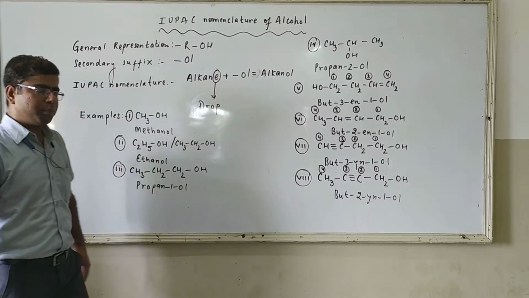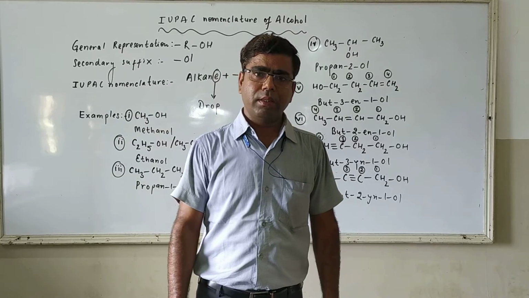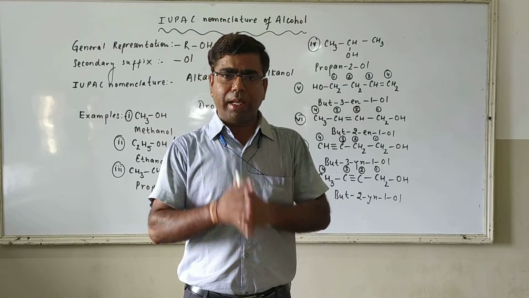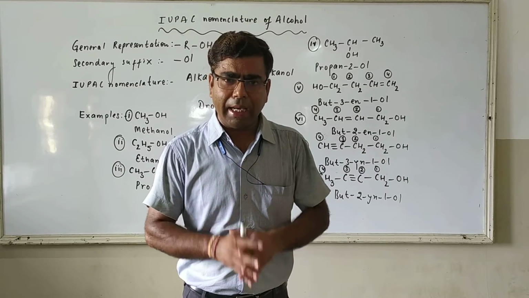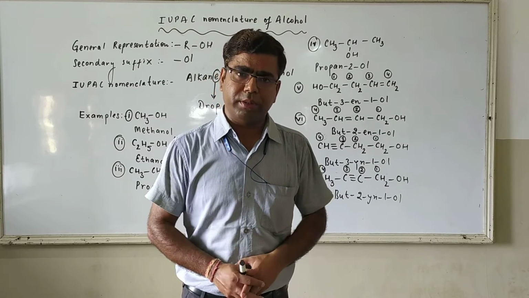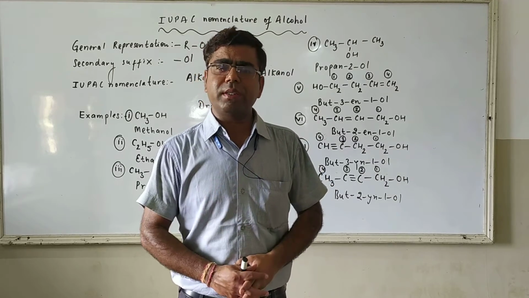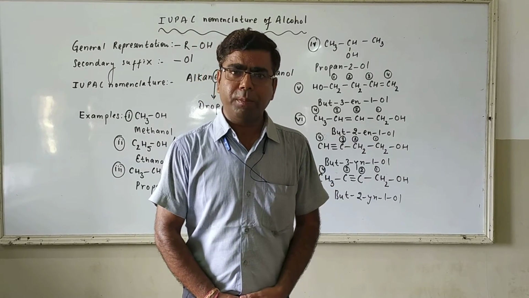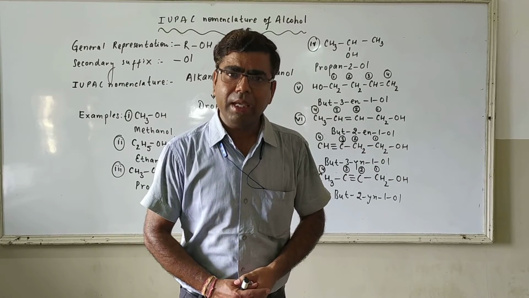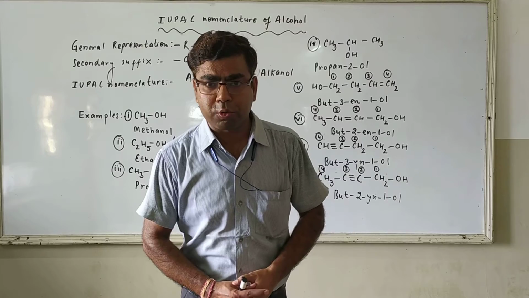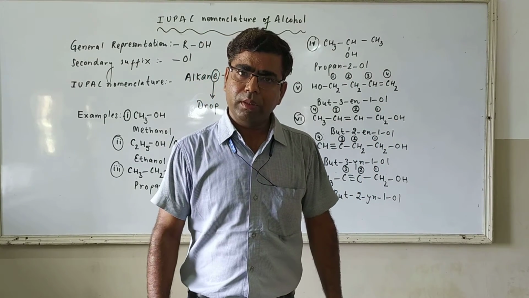Then comes the next important part. If the alcohol contains more than two carbon atoms, then the OH group can have more than one position. If more than one position is possible for the OH group, then we have to specify the position of the OH group also while doing IUPAC nomenclature of the alcohol.